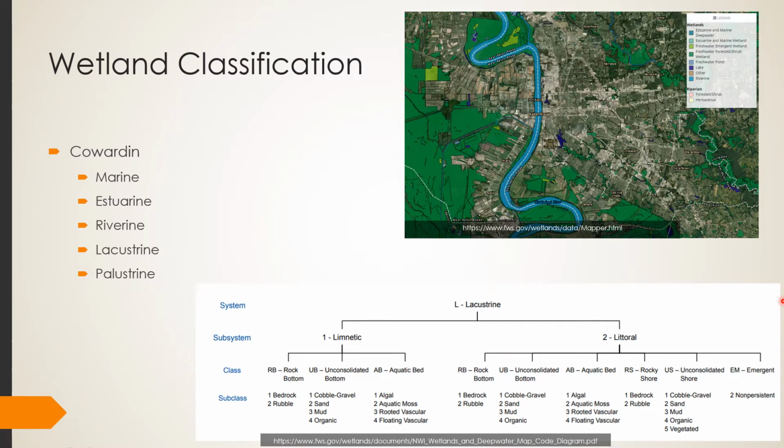So the Cowardin system is broken into five main systems: the marine, estuarine, riverine, lacustrine, and palustrine. This chart shows a breakdown of, in this case, the lacustrine system. And as you can see, it divides the system into different subsystems, classes, and subclasses. And this classification method is mainly based on landform, soils, and vegetation.